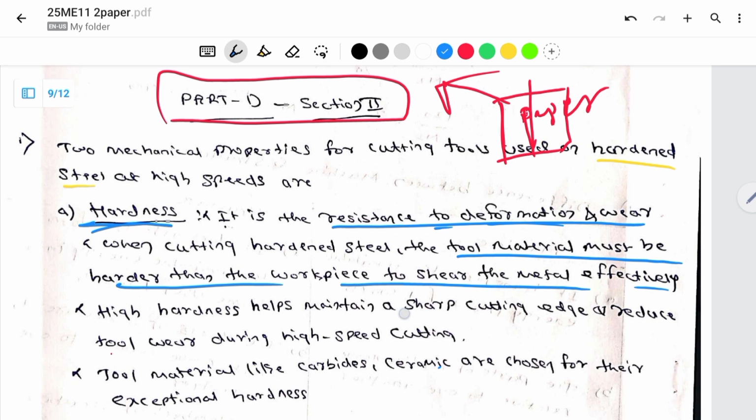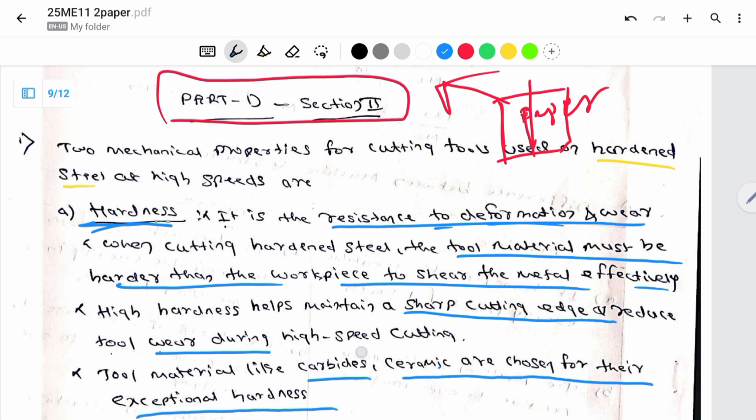The high hardness helps maintain sharp cutting edges and reduces wear. Tool materials like carbides and ceramics are chosen for their especially high hardness. Carbide tips are used, and ceramic tips are there. There are different tool materials which are harder than the workpiece, and that's why those are used.